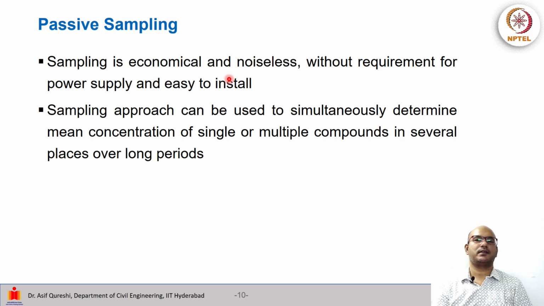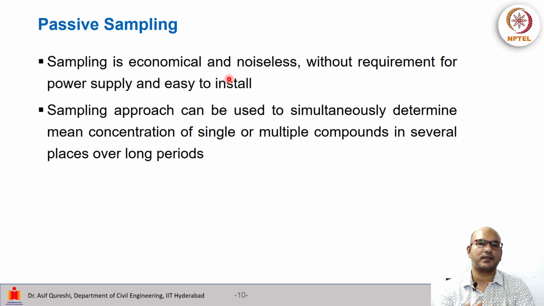In general, sampling with such samplers is considered economical and noiseless, without the requirement for a power supply, and the samplers themselves are easy to install, because all we have is a box or a tube.